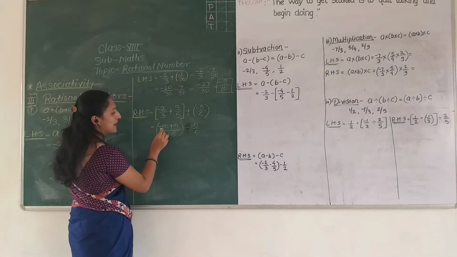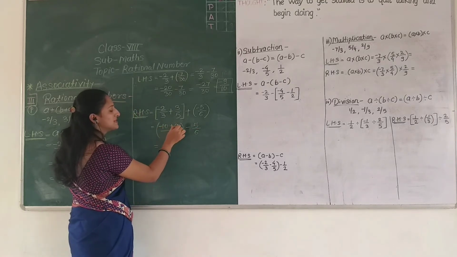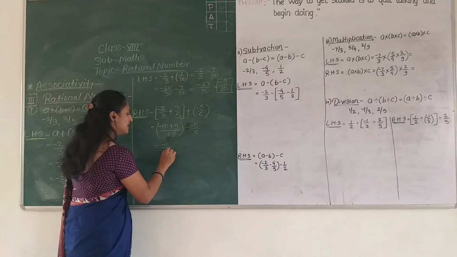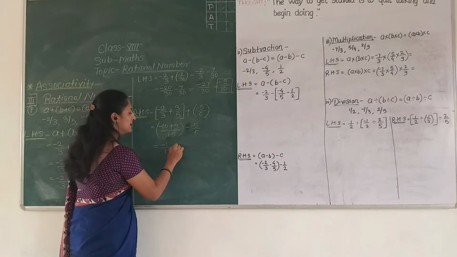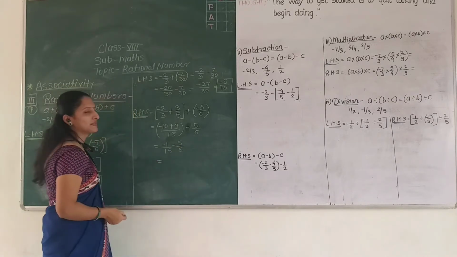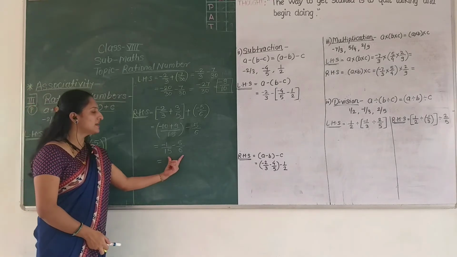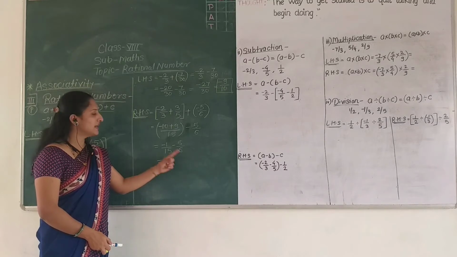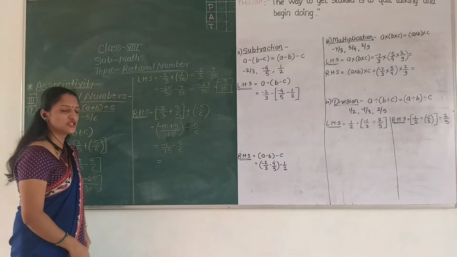Right? Now in the bracket, negative 10 plus 9 is negative 1. Very nice. Negative 1 upon 15, minus 5 upon 6. Okay? Now the denominators are different. So for this we take cross multiplication.